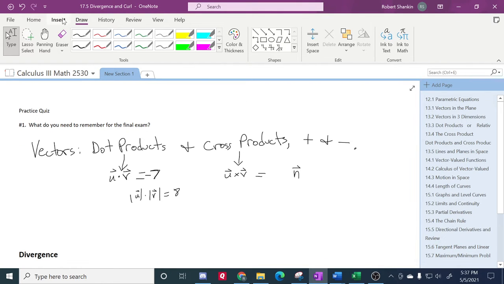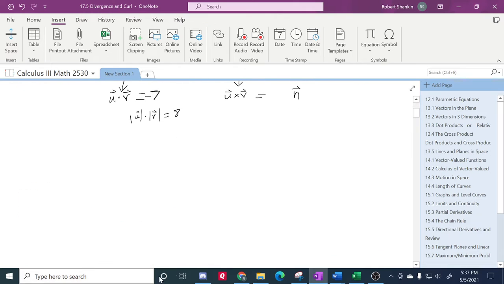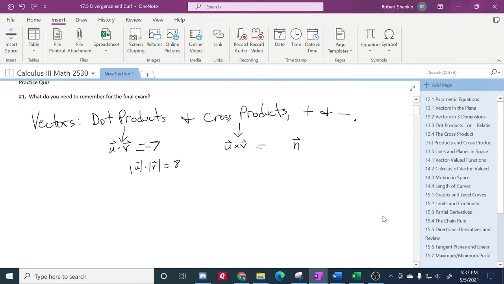What else? Let's move on from vectors. Like, maybe vector valued functions, and, you know, integrating and deriving and taking limits and stuff.